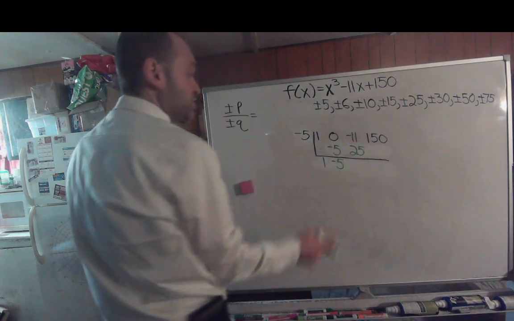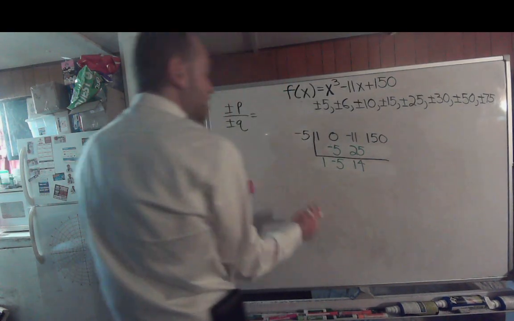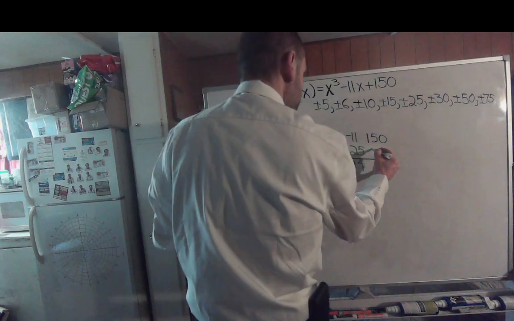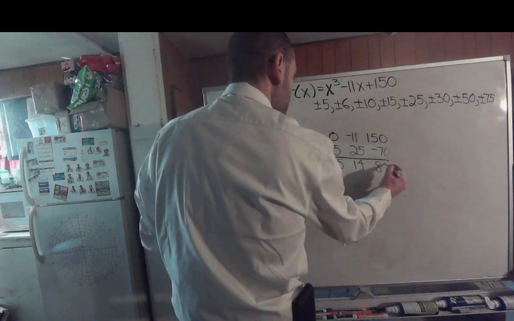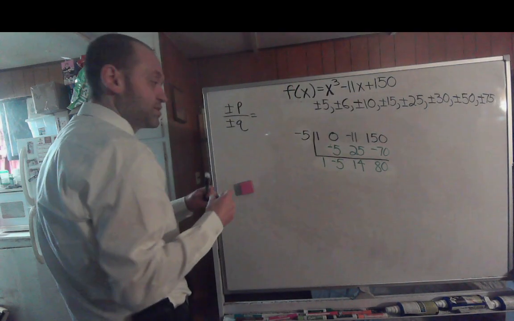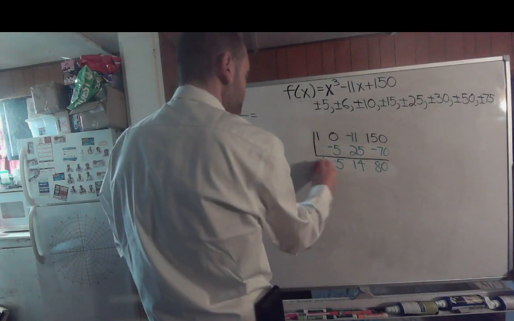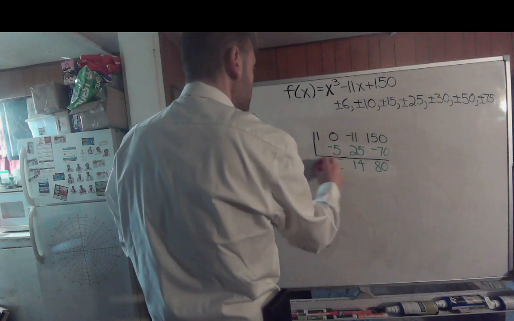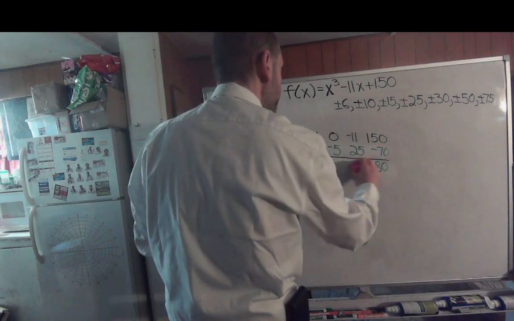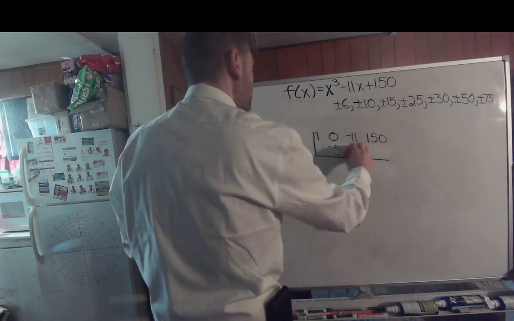Negative 11 plus 25 is positive 14. Negative 5 times 14 is negative 70. Well, 150 minus 70 is 80. Well, at least our remainder is getting smaller, but still we have a remainder, so the 5's are gone. That's just not going to work. Let's try 6. See if we get anywhere with that.